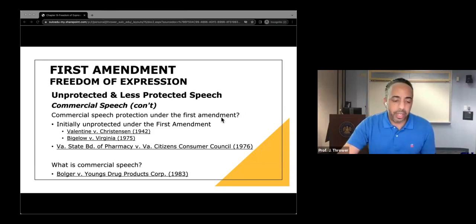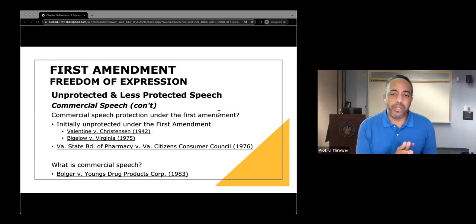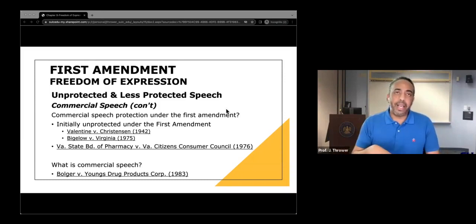Now, it's interesting to understand that we talked a little bit about the Central Hudson test. And so beginning with Central Hudson Gas versus the Public Service Commission of New York, the court formulated and refined a test for when the government can regulate commercial speech. And this test, as we'll talk about in a second, is essentially a form of intermediate scrutiny.